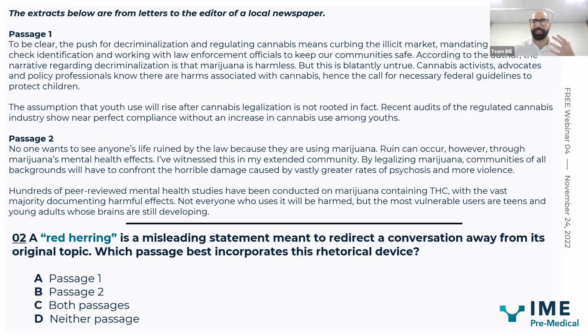They're just telling you that the law says that if we legalize cannabis, we're not going to have a problem with people using it or the youth using it. Whereas passage 2 is just straight up saying at the beginning, no one wants to see their life ruined by law, but the laws for marijuana. However, did you know that marijuana is bad for you because it destroys your brain?